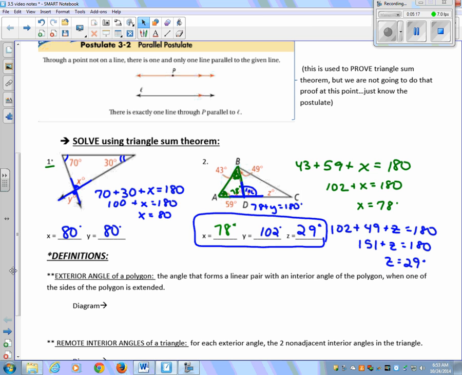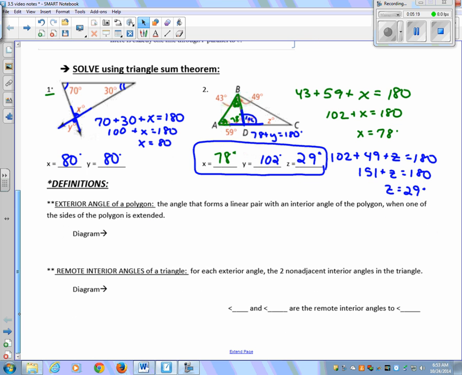Okay, a couple of definitions here. Exterior angles. In a polygon, the exterior angle is the angle that forms a linear pair with an interior angle when one of the sides of the polygon is extended. So if I have, let's say, a hexagon, and I extend one side, this angle is forming a linear pair with the interior angle right here.